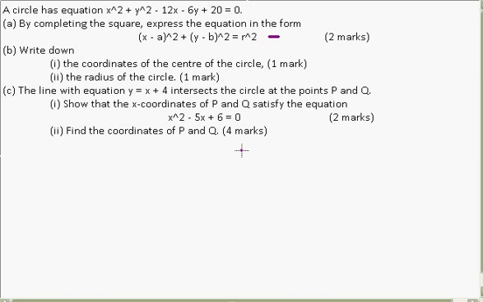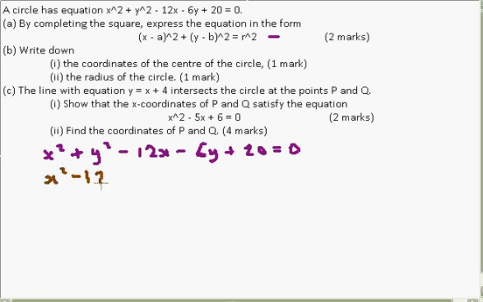Okay, so let's just write that equation down again. So we've got x squared plus y squared minus 12x minus 6y plus 20 equals 0. Now I sometimes find it helps to actually write all the x's next to each other. So x squared minus 12x, and all the y's next to each other, so I've got y squared minus 6y.